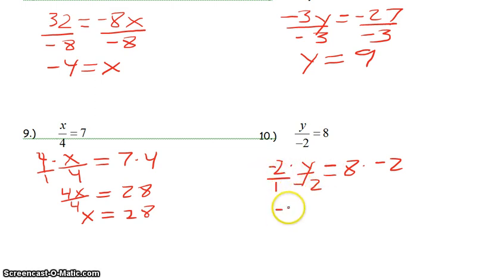Negative 2 times y is negative 2y, and 1 times negative 2 is negative 2. And it equals 8 times negative 2, which is negative 16. Negative 2 divided by negative 2, a negative divided by a negative is positive, and these two simplify out to 1. 1 times y is just y. And y is equal to negative 16.